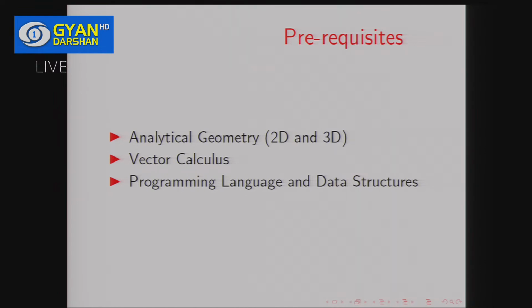So you need to know the basic concepts involved in analytical geometry. Apart from that, you also need to know some concepts from vector calculus, and of course finally you need to know some programming language. In this course we have used the C programming language, which you all must have studied in your first semester course, programming and data structures.